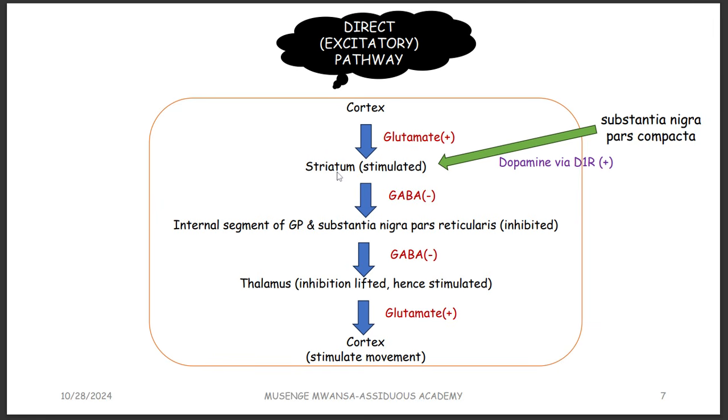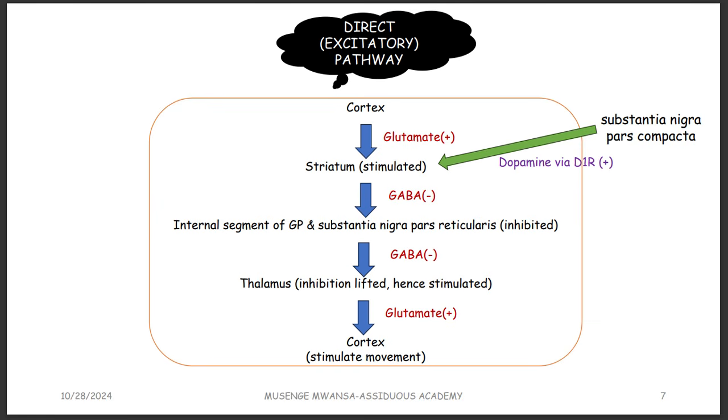And the striatum, so the next two parts will be producing GABA. The striatum is going to produce GABA. Now remember, GABA is inhibitory because we have stimulated the striatum to release its neurotransmitter, which is inhibitory in nature. So when GABA is produced, it's going to go to the internal segment of the globus pallidus and also the substantia nigra pars reticularis.